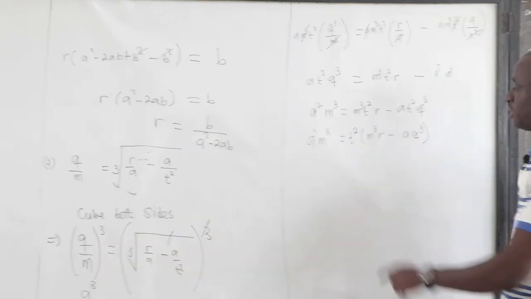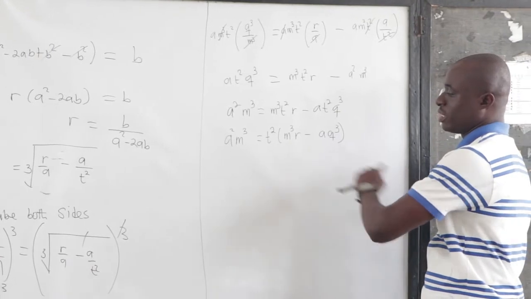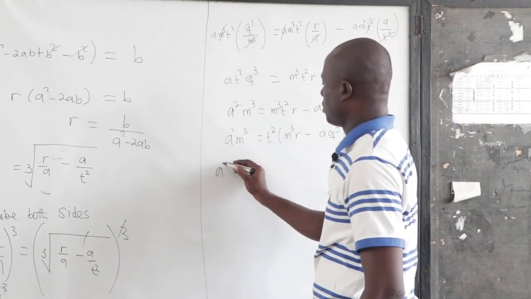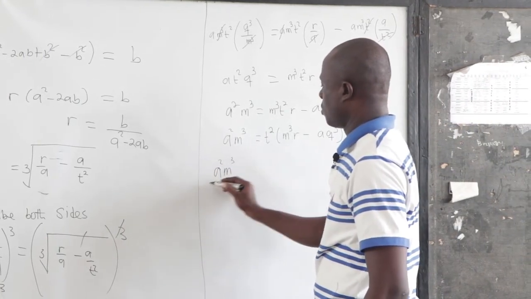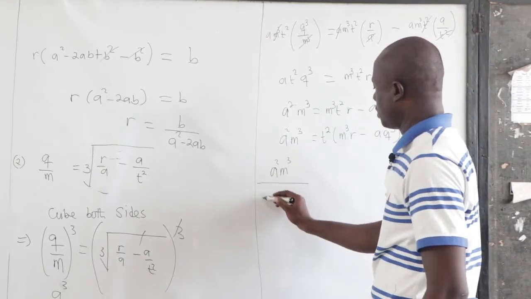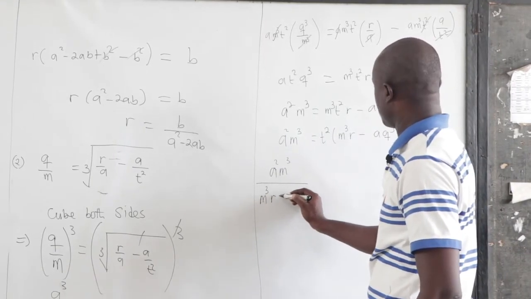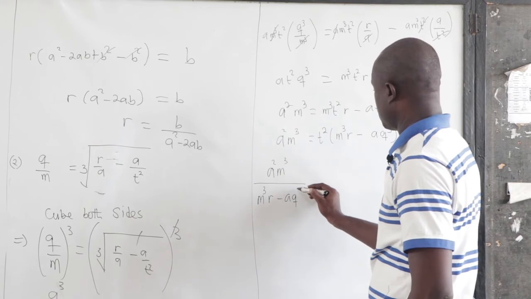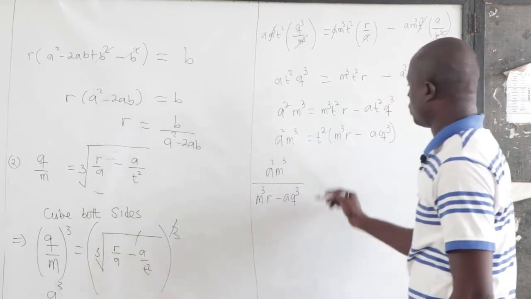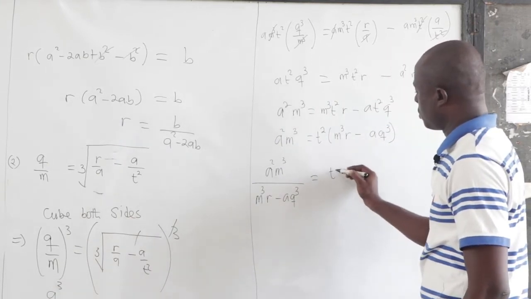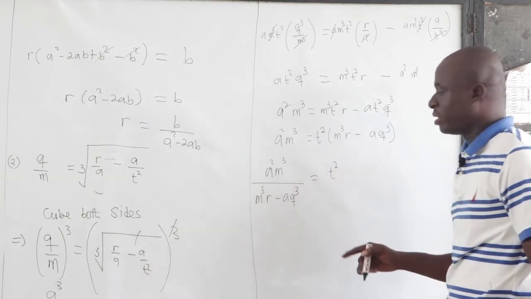I want to make T the subject, so I divide through by what is multiplying it. So I have A squared M cubed all over what is multiplying it, that is M cubed R minus A Q cubed, equal to T squared. We will divide it through by this.